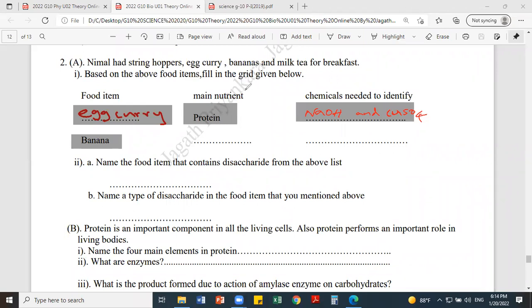Okay, actually they are asking mainly about the carbohydrate. Main nutrient means, there are 4 major nutrients in your diet: carbohydrate, protein, lipids. So which carbohydrate is present in this? Again, please raise your hand those who can give the answer. Yes, vitamins are also present in it, but they have asked for the chemical needed to identify that nutrient, so you can't write vitamin.